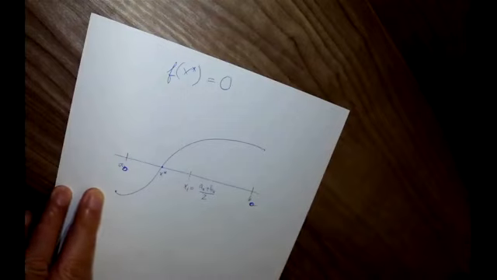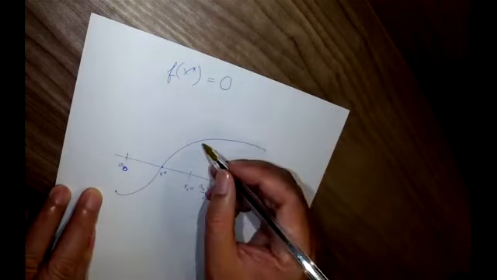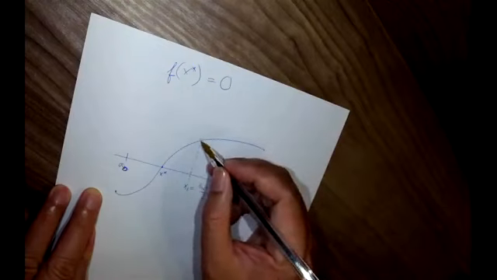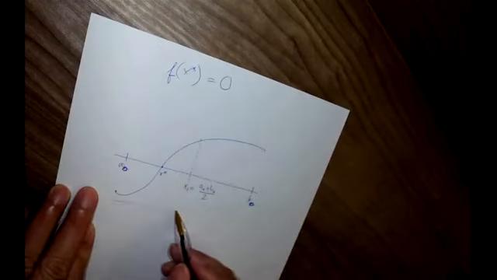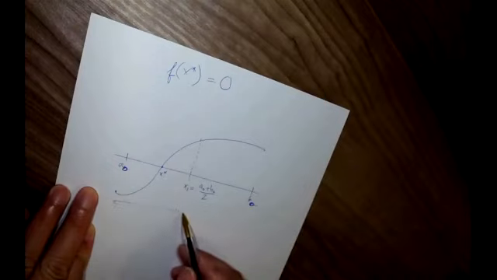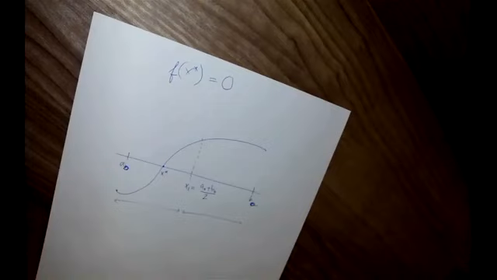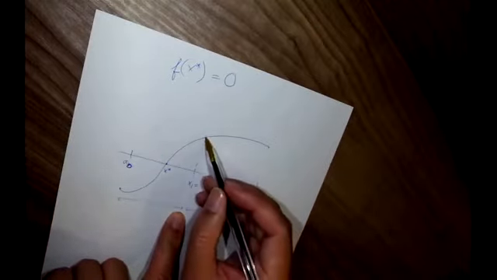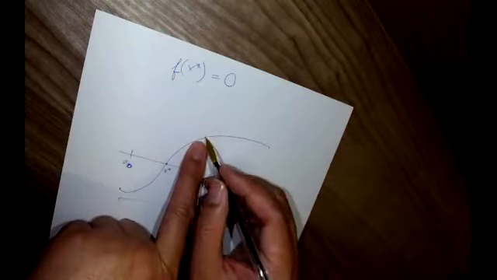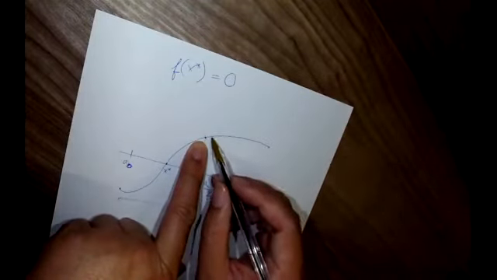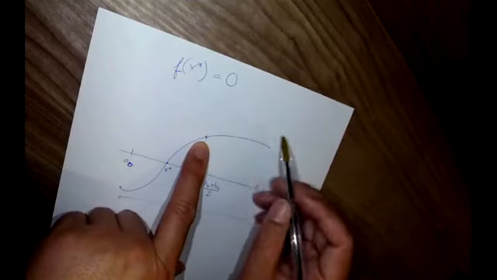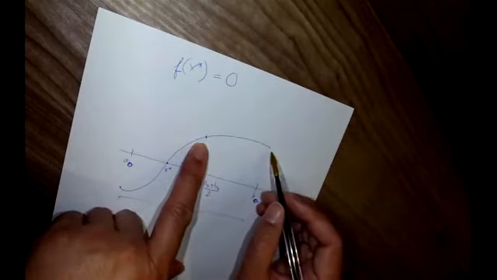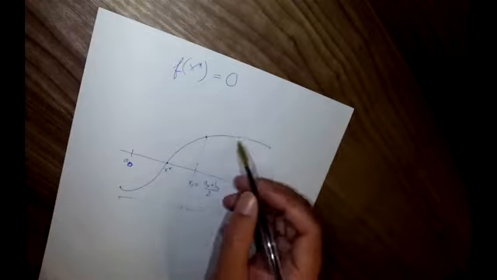Okay? And now I will check 2 intervals. I will check a0, x1, and x1, b0 to see which one is the interval that I should zoom in. And you see that the interval x1 and b0, because the signs are positive, the function is above the x-axis, so I have to skip this one.